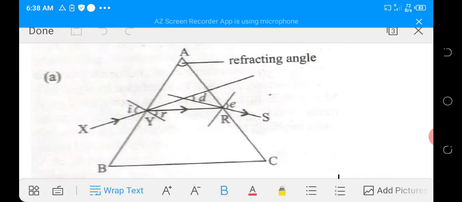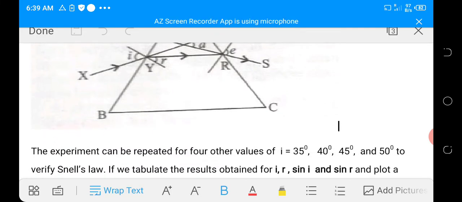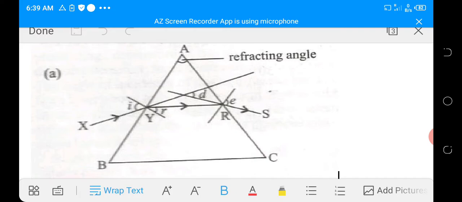After you've done that, remove the prism and join the line RS. Then draw the normal to the surface and complete the diagrams as shown. Then, from the diagram, i is the angle of incidence, r is the angle of refraction, e is the emergent angle, while D is the angle of deviation.